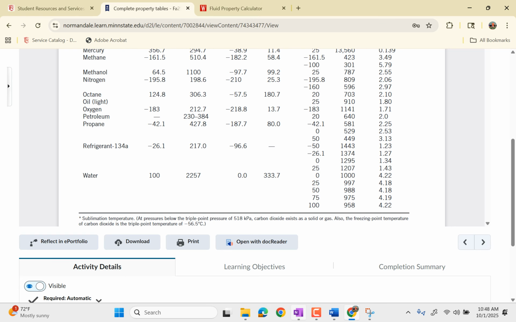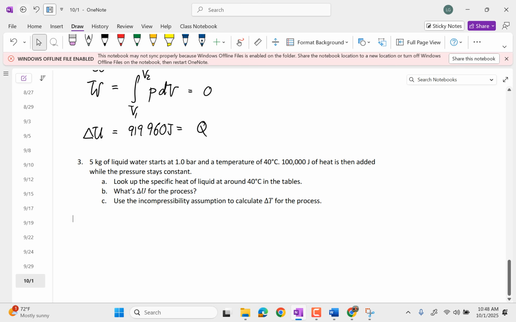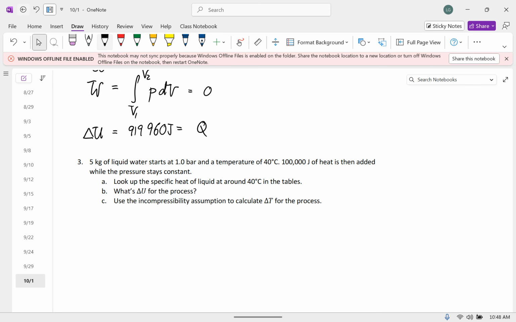So, okay, so C is equal to 4180 in SI units. For B, so for an incompressible material, we were just reminded of this.